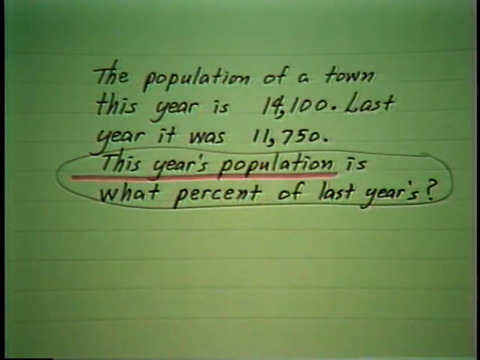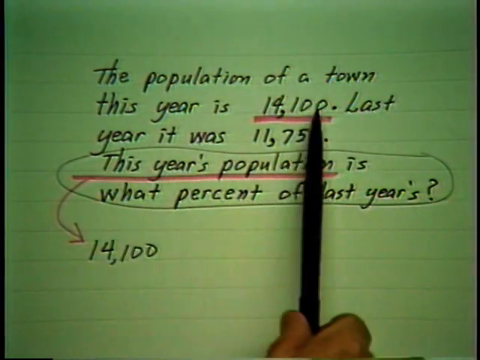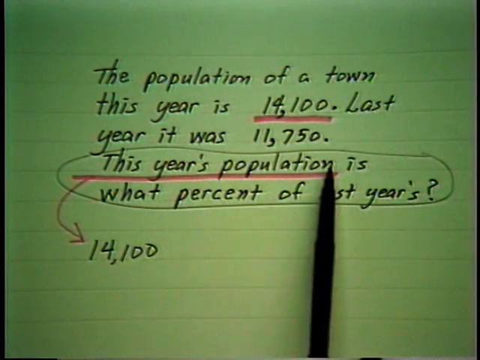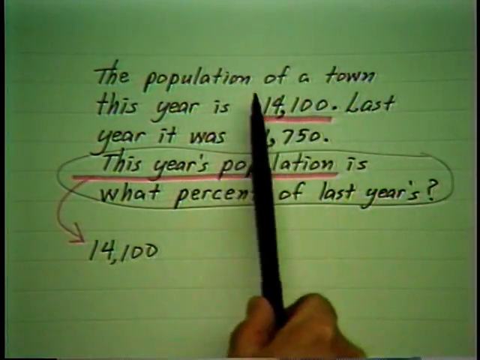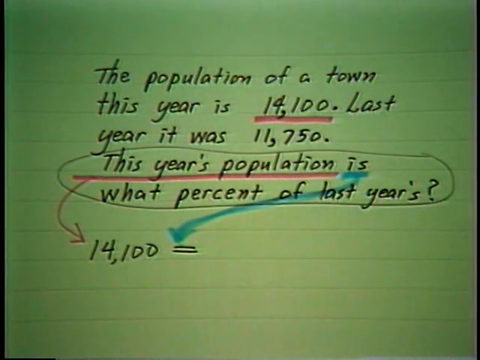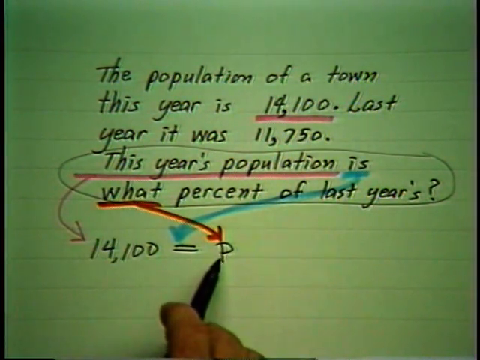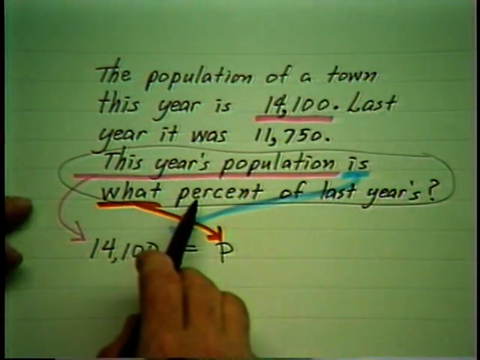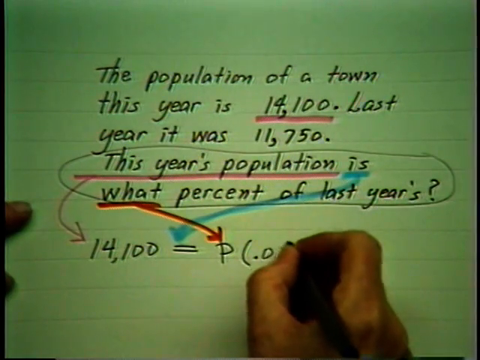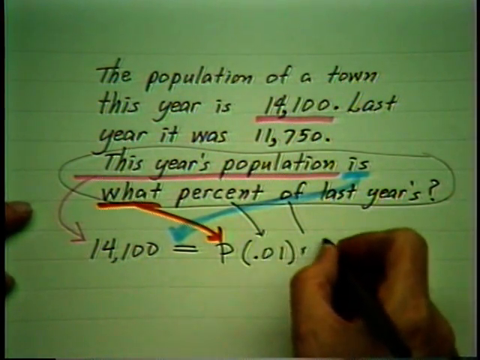This year's population is simply 14,100. They told me so, so I simply replaced this 3-word phrase with the number that's equal to it. And the word is, of course, is equal. And the word what is my unknown, and I'll call it P since they're telling me they want percent. But the word percent means times 0.01. The word of means times.